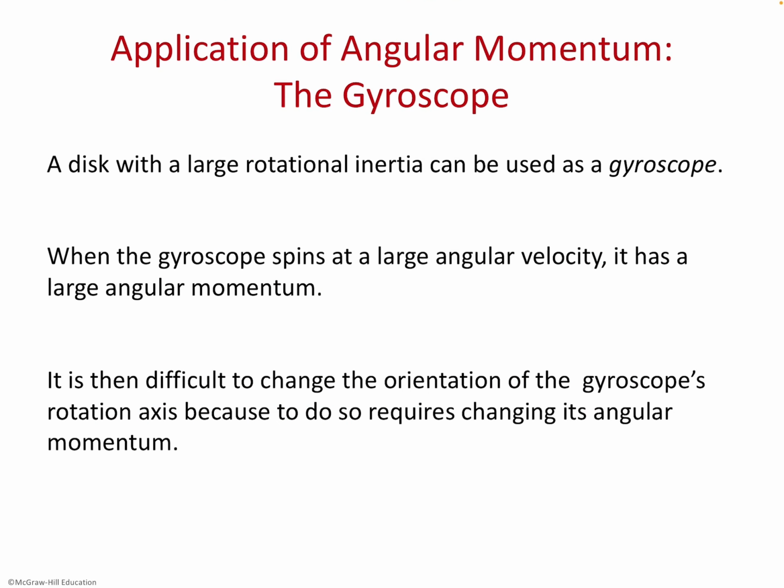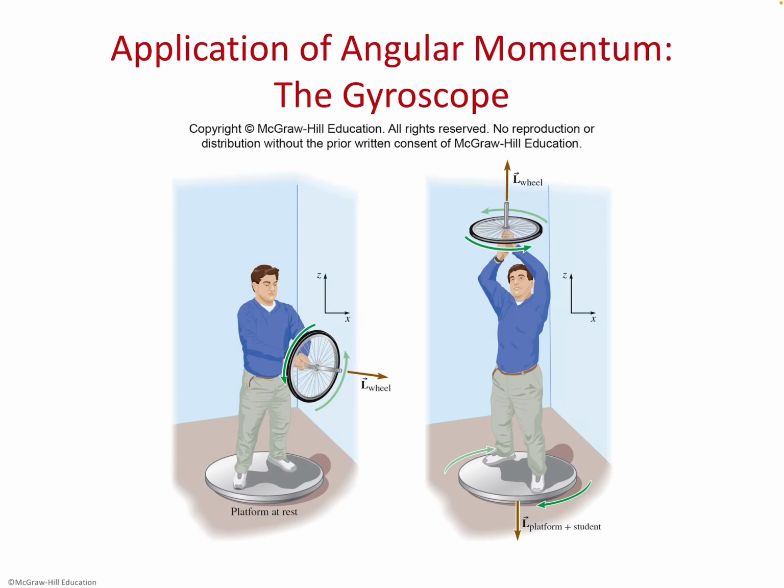And then that kind of goes on to a gyroscope. Gyroscopes are kind of cool. They're used in things like airplanes and submarines. If we had time, I'd show you using one of these platforms: if you spin the wheel like that, it'll just keep you at rest, but if you put it up, it'll make you spin too.